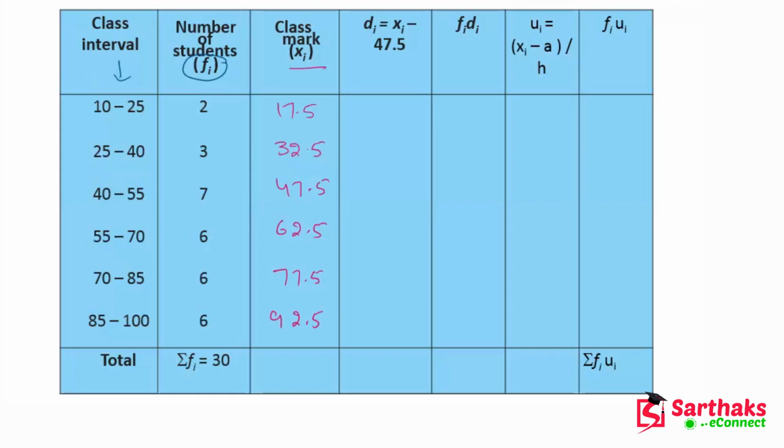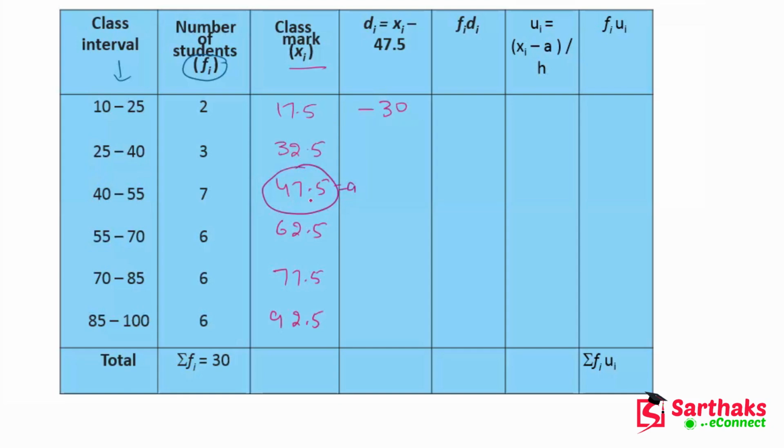We have to assume the mean. Let's suppose we are assuming this as A. And we have to again find the deviation, which is equal to minus 30, because if we subtract 47.5 from 17.5, we get minus 30.